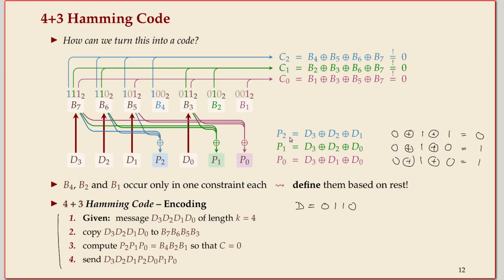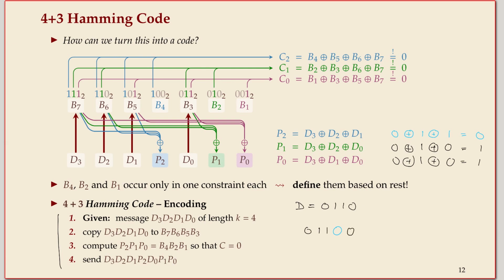So you see that I just computed the 3 P's as 0, 1, 1. And now what's left is the interleaving. So I take 3 bits from D, then 1 bit from the parities. So then comes the 0. Then comes the last part of the message.